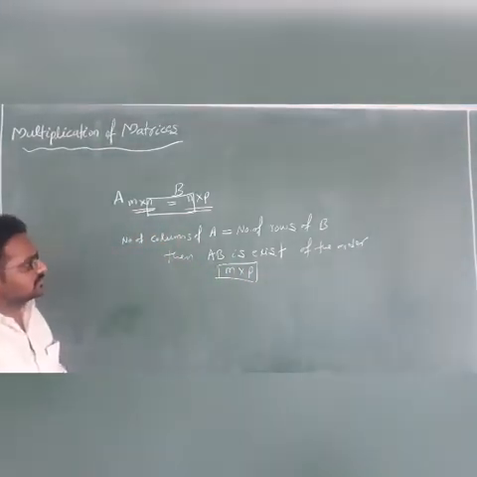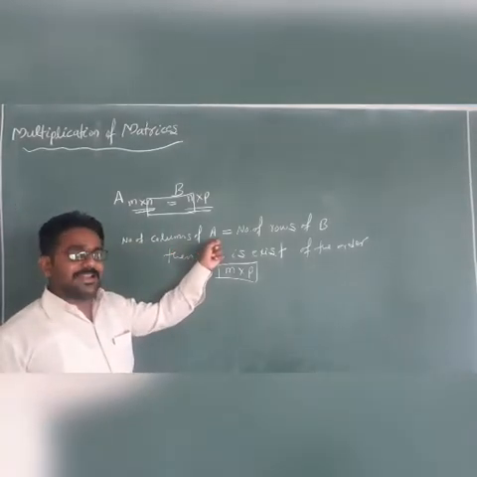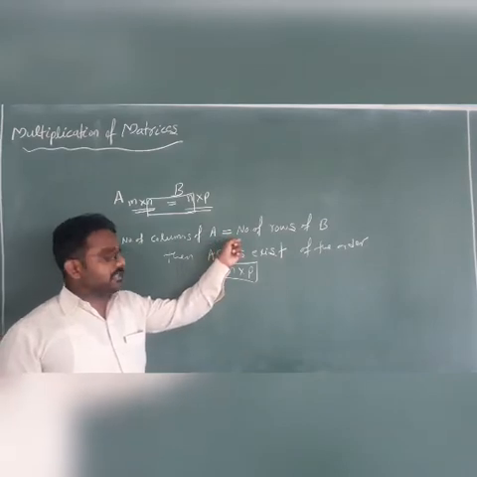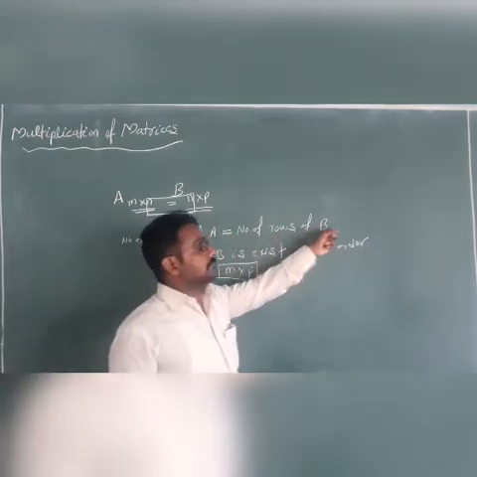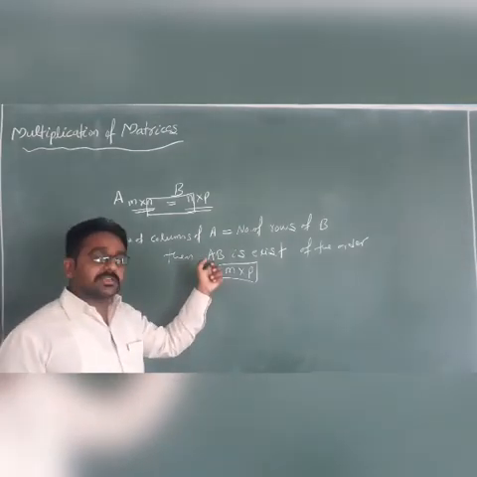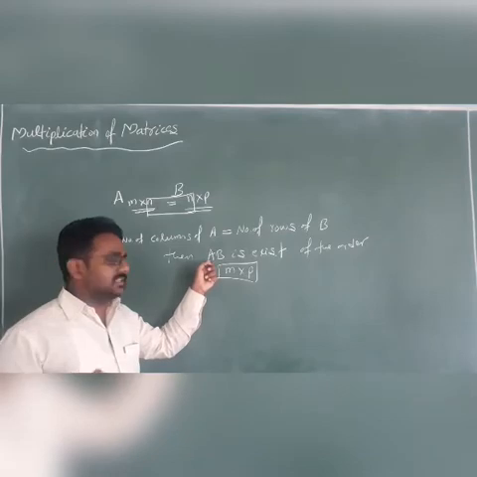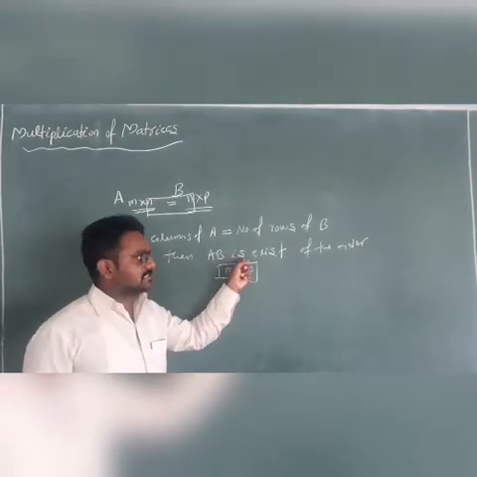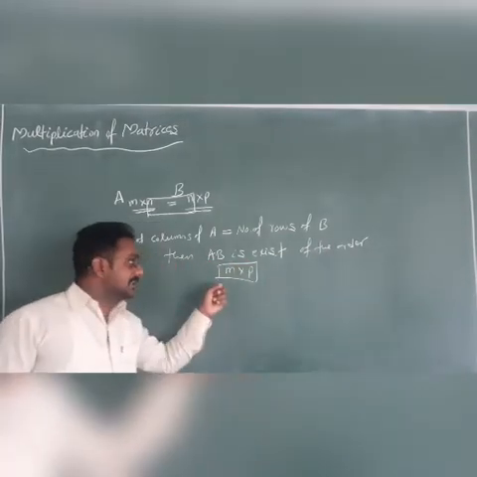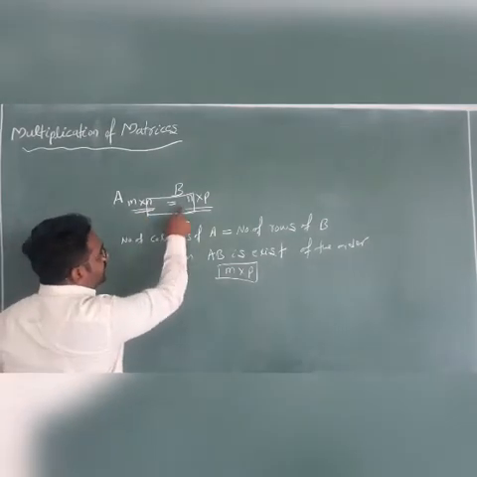Just observe what I have written here, students. The number of columns of matrix A must be equal to the number of rows of matrix B. Then we will get the product AB, the multiplication of matrix A and matrix B, and AB exists of the order m by p. What I equated here, students?